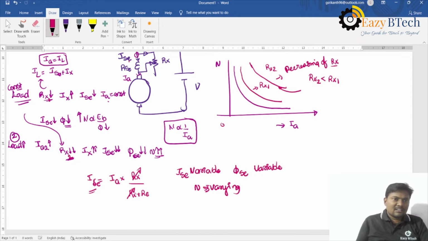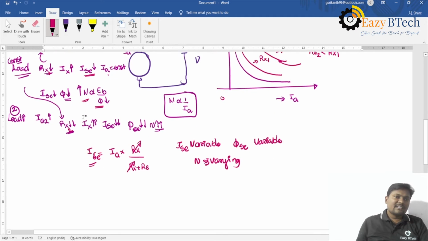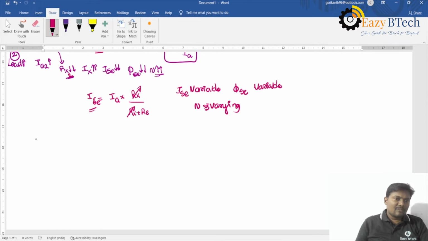In overall observation, if the current flowing through the series field winding decreases, the speed will increase. This method is suitable for above rated speeds.